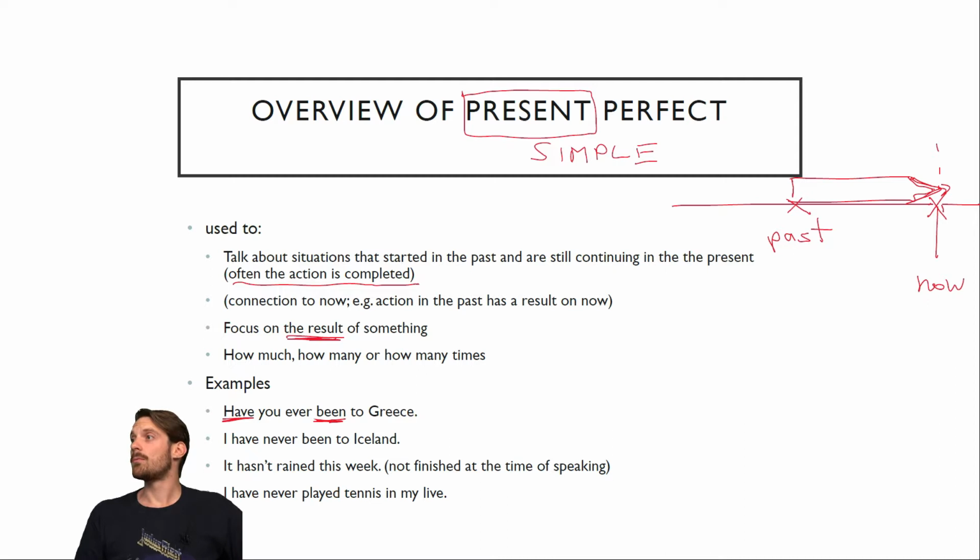But you might have been to Rome 3 times, or you might have read 30 pages in the last 2 hours. So always try to remember it this way, then it's not that confusing when it comes to the continuous aspect of the present perfect.